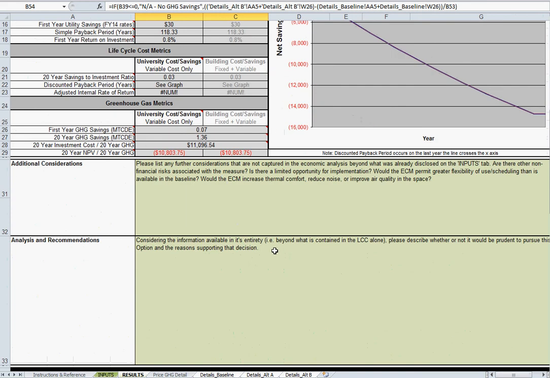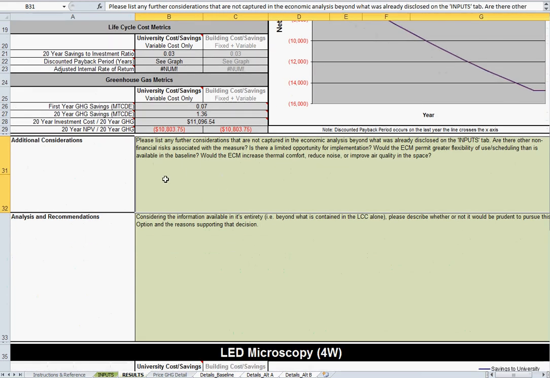And then on the results side, we have places to say, a lot of times there are reasons you would pursue something that wouldn't necessarily be reflected in these above figures. So, maybe this measure provides increased thermal comfort for the occupants. Maybe it results in higher productivity of workers. Maybe it's better indoor air quality that would be considered.